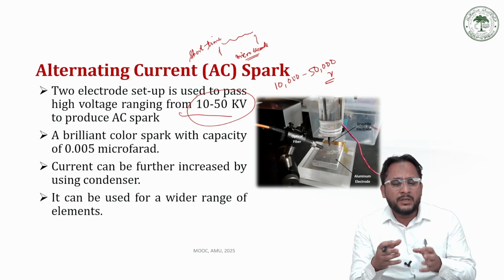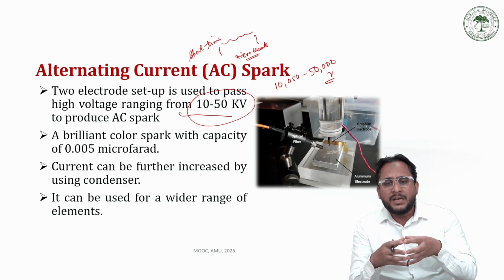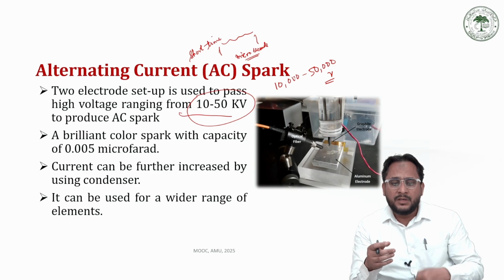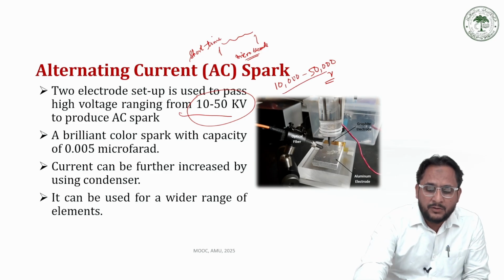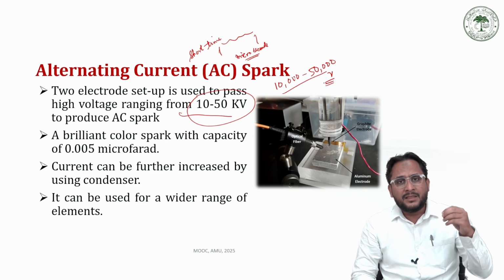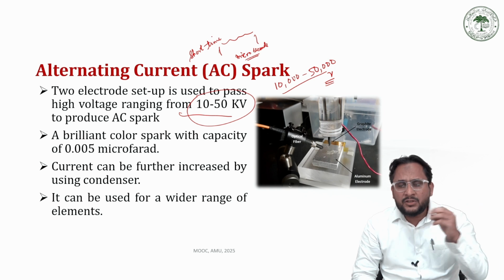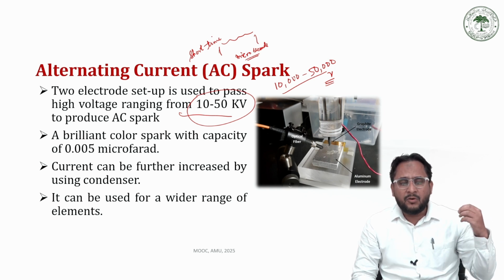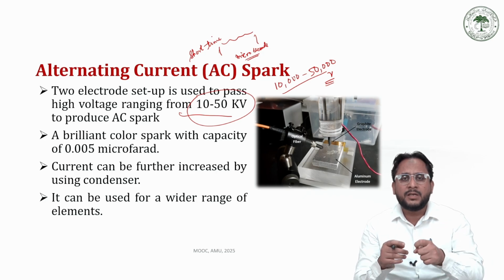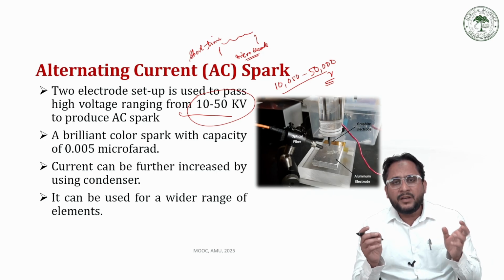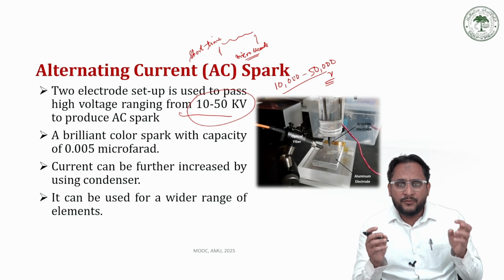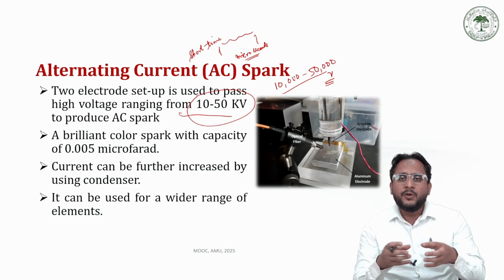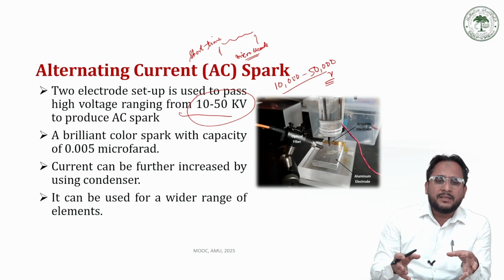So what we do is we take a capacitor, connect it with two electrodes, and we charge the capacitor first with a very high voltage of 10,000 to 50,000, and then in a fraction of a second we discharge that capacitor and transfer all of its energy into those electrodes to create a very high energy spark for fractions of a second that should be sufficient to vaporize and excite all the sample.